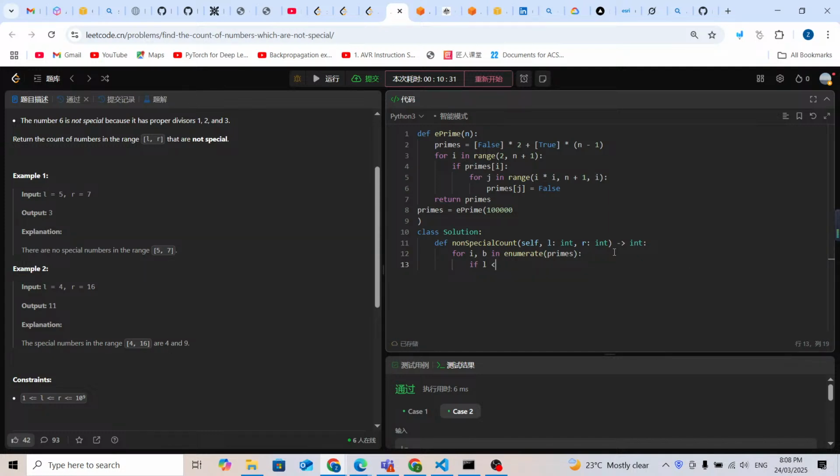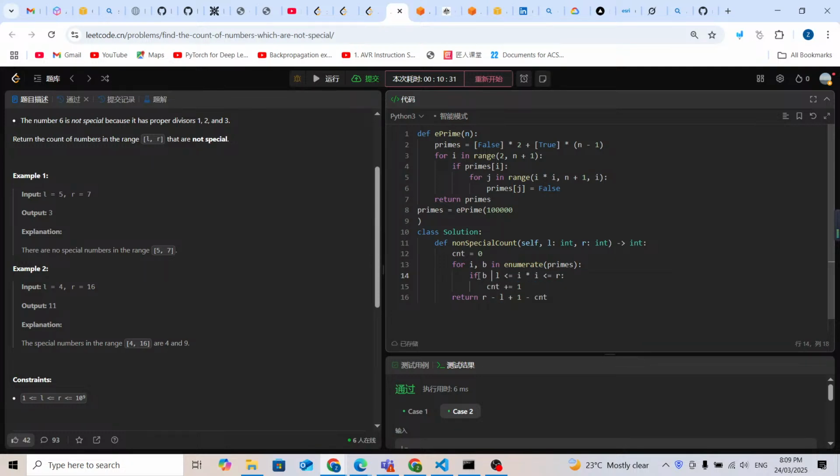If L is less than or equal to i times i, which is less than or equal to R, we count it. This is our counter, and we set count to 0 from the beginning. Finally, we return R minus L plus 1 minus the count. From here, these are all the possible prime numbers, and we check the square value of each.